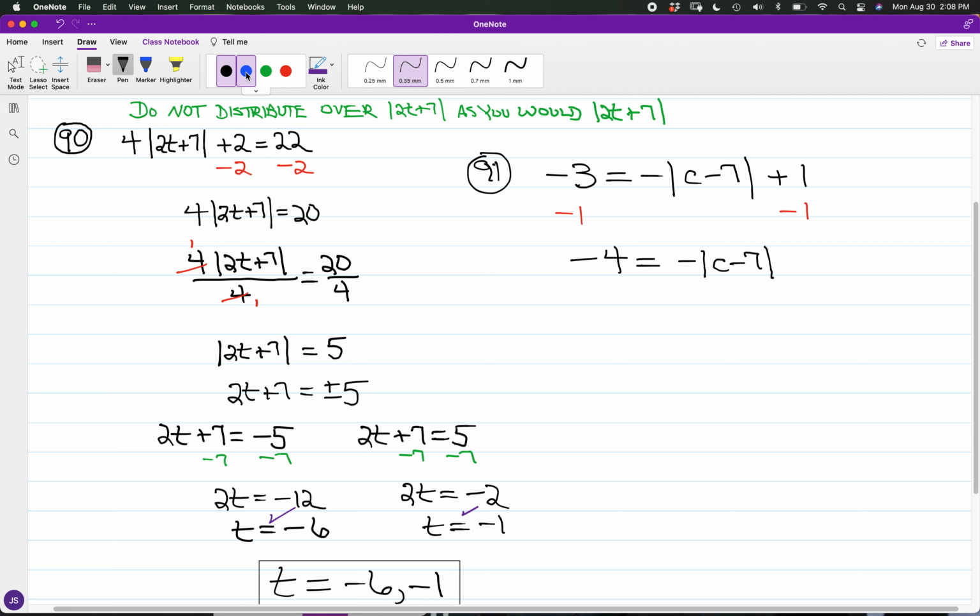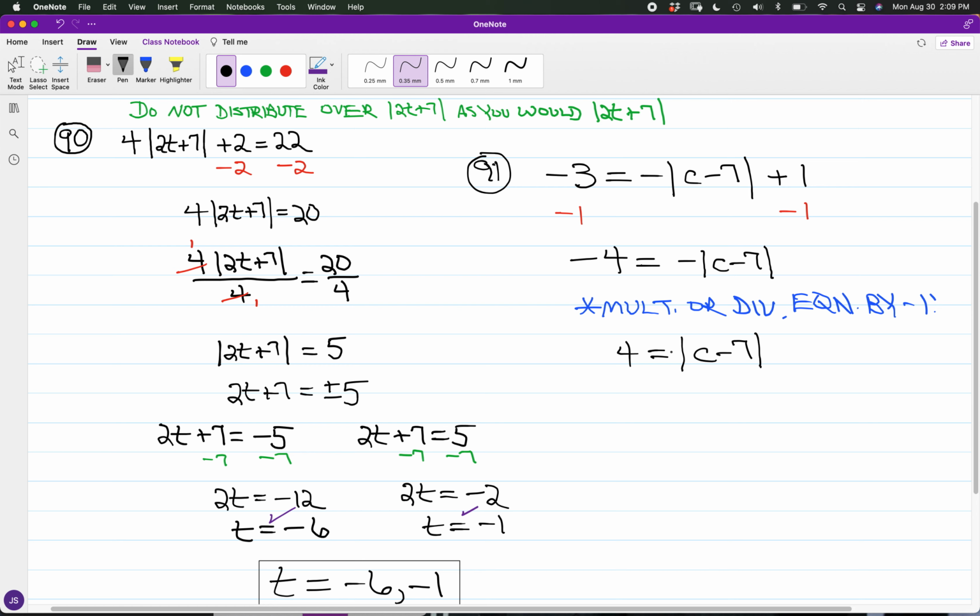We're going to change the signs at both ends, so you can either multiply or divide the equation by negative 1. So we have a sign change at both ends, and we're going to have that 4 is equal to the absolute value of c minus 7.